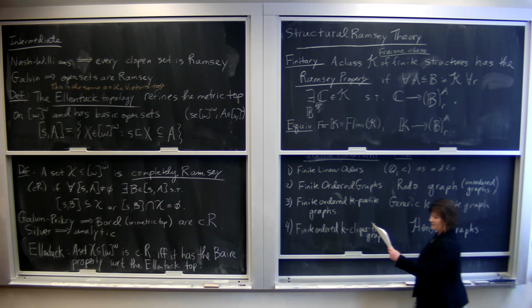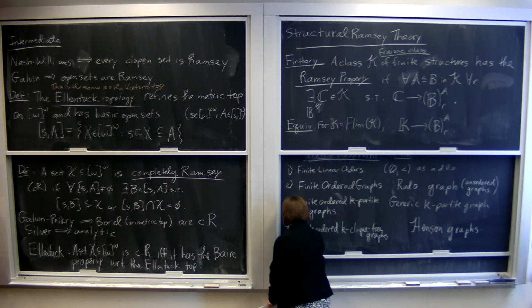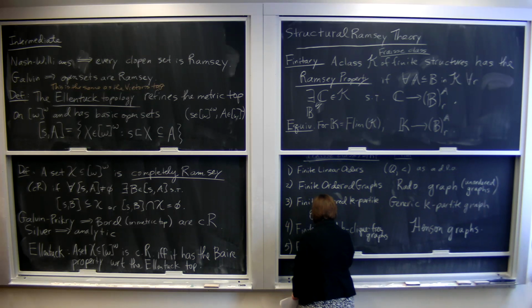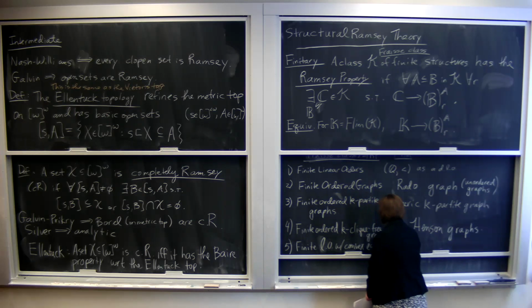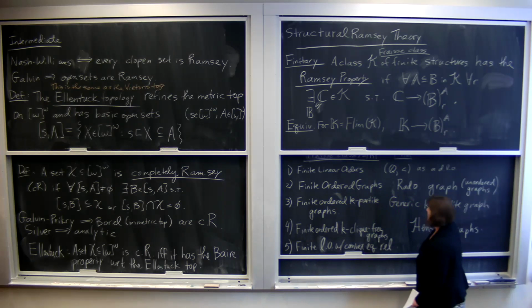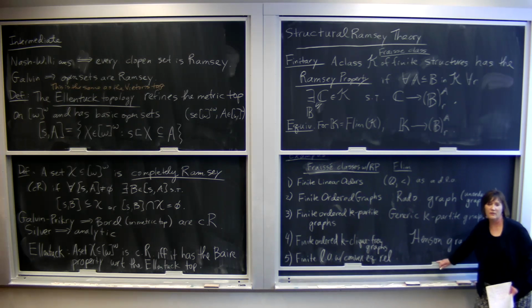And fifth, we talk about finite linear orders with a convex equivalence relation, meaning an equivalence relation whose equivalence classes are convex.